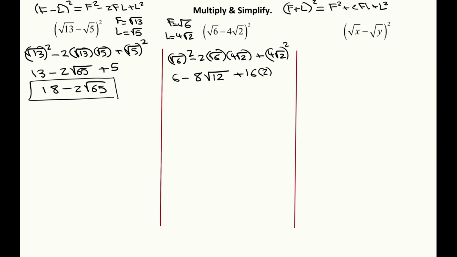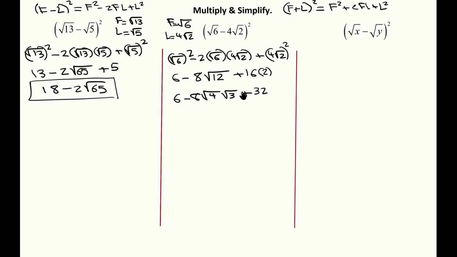Now this time we can go ahead and simplify the square root of 12 first. So we end up with 6 minus 8. We know there's a 4 inside the factorization of 12, which is a perfect square, so we can separate those in that way, and then we get plus 32.